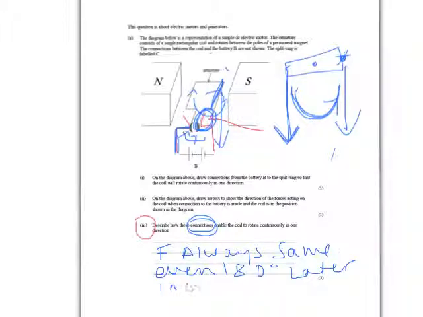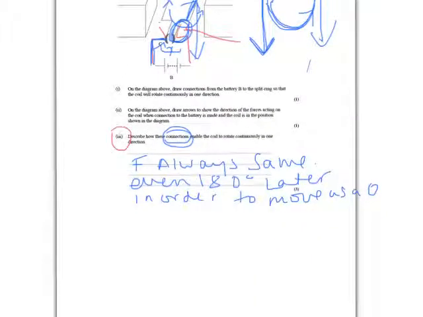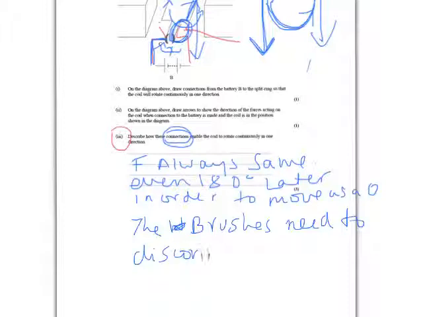In order to move as a circle, the wires, or brushes, should call them, need to disconnect and connect, and reconnect with the other side.